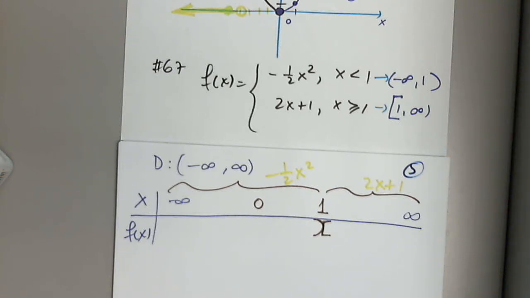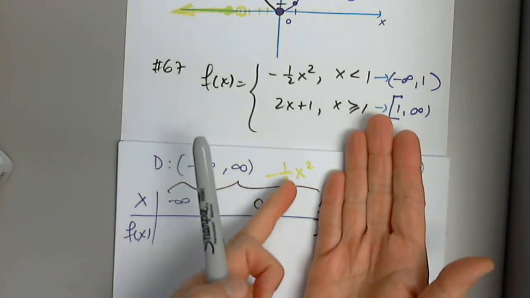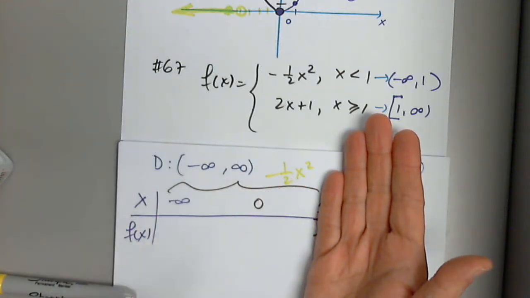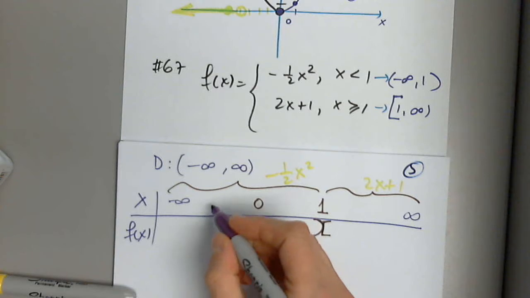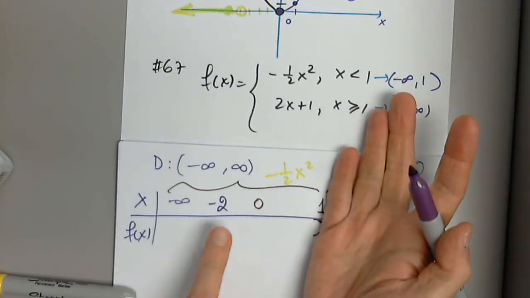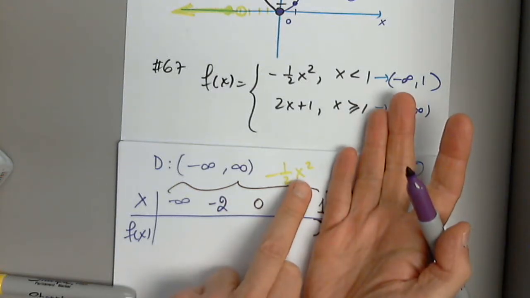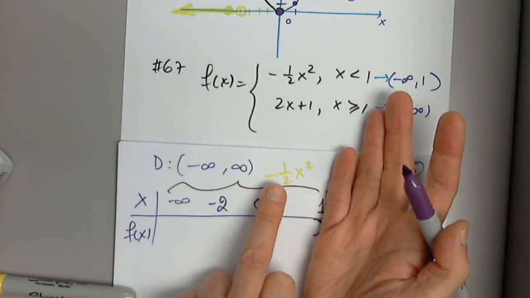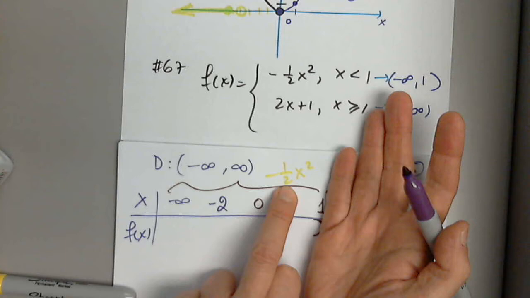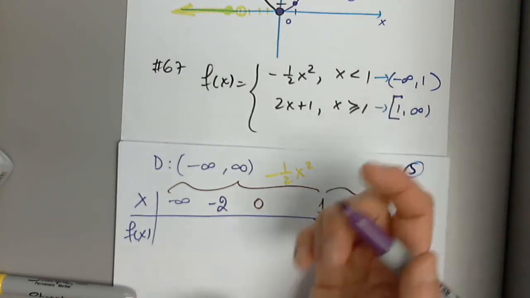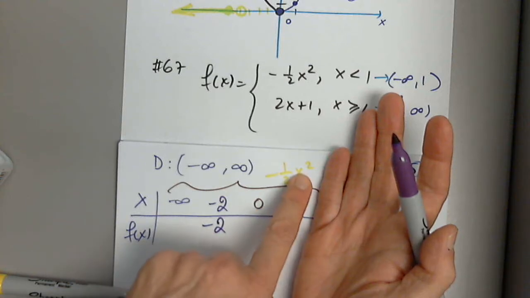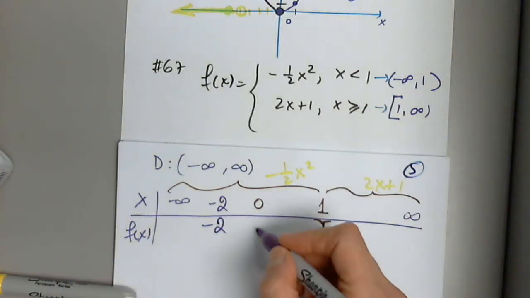Good, perfect. So let's start with this first piece. I have negative 1/2 x squared. I like to put in there negative 2. See what I get. When I put in negative 2, how much is negative 2 squared? 4. 4 divided by 2, but it has a minus in front, so it's going to be negative 2. Now let's plug in 0 in this function. 0.